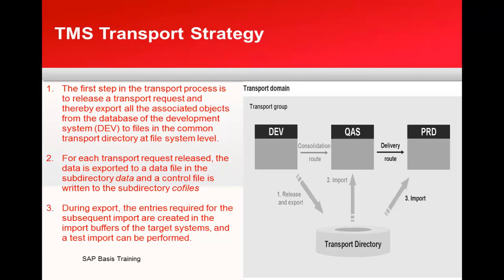For each transport request released, the data is exported to a data file in the subdirectory data, and a control file is written to the subdirectory cofiles. During export, the entries required for the subsequent import are created in the import buffer of the target system, and a test import can be performed.